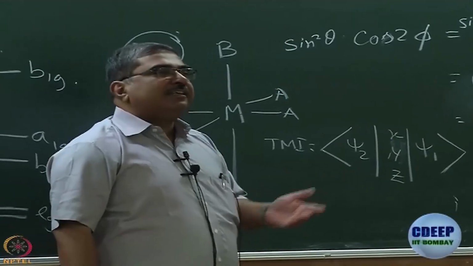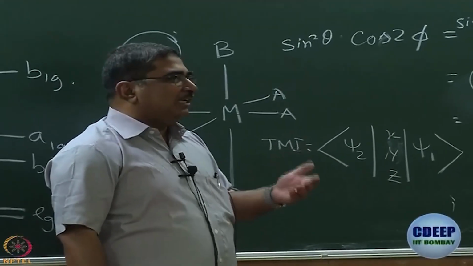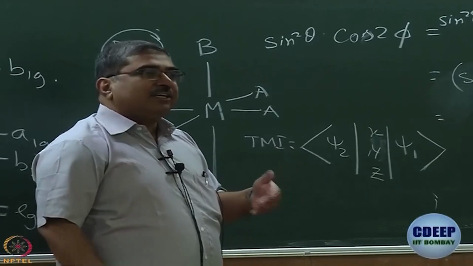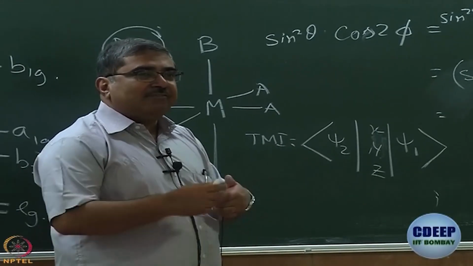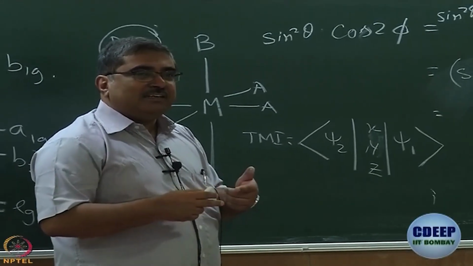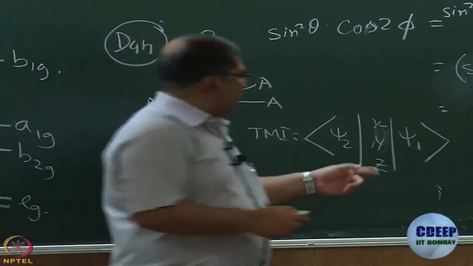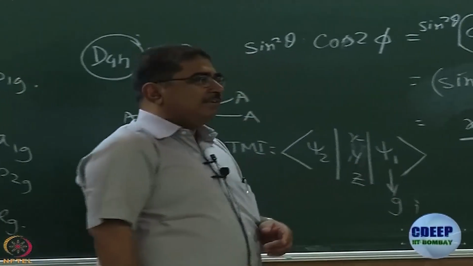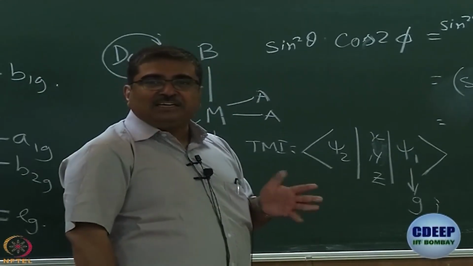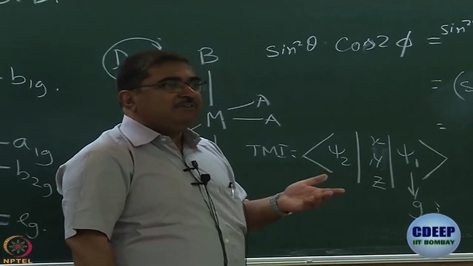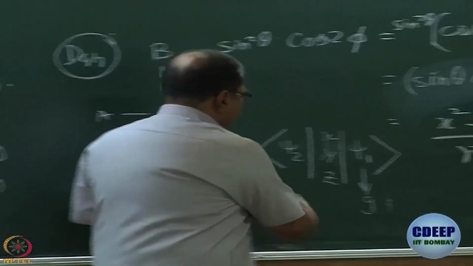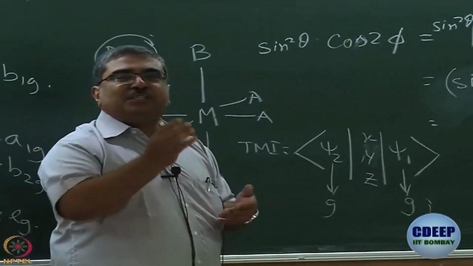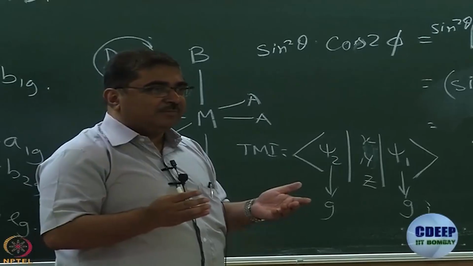Now, see, in octahedral case, it is very simple to tell you that d-d transitions are actually symmetry forbidden. Because in octahedron, you have a point of inversion, right. So, this is a gerade orbital, isn't it? Eg, T2g, both are g, symmetric with respect to inversion. It does not matter from which orbital to which orbital transition you are talking about.